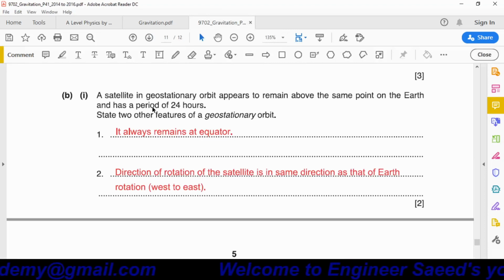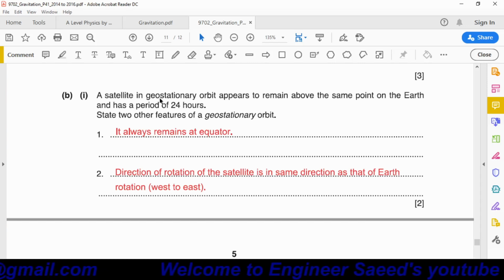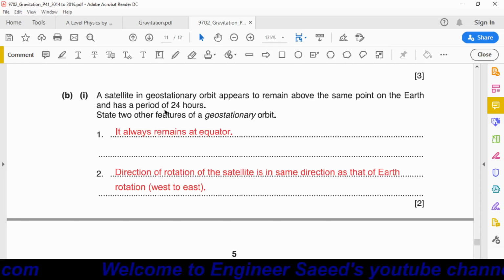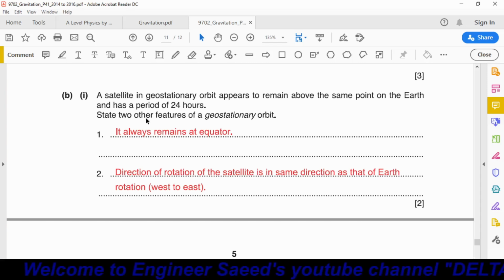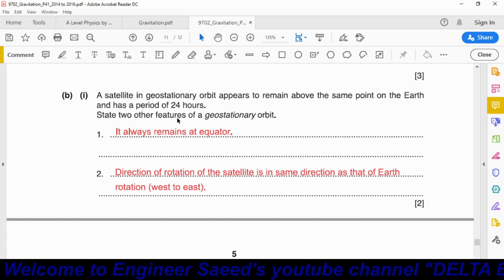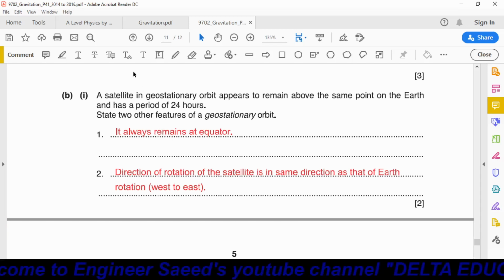So here, one condition is written: a satellite in geostationary orbit appears to remain above the same point on Earth and has a period of 24 hours. The time period of the satellite is the same as the time period of Earth. Now what are the two other remaining conditions? First condition is it always remains at the equator.